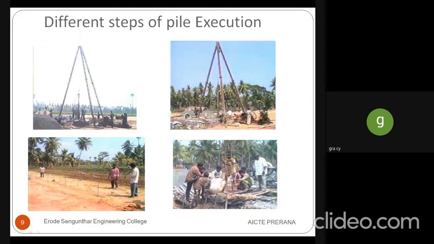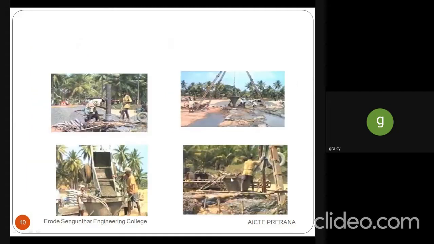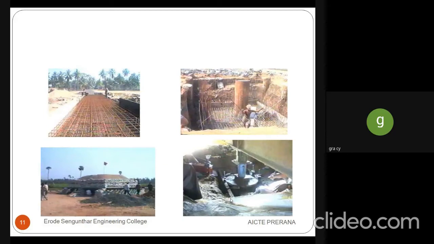After that they use the casing and this funnel, keeping the funnel over the casing, and they insert the concrete so that it will be placed into the pile. So this one we can call a cast in situ pile. See here, these are the major arrangements of the reinforcement rods.